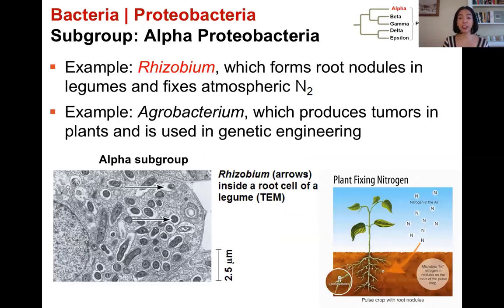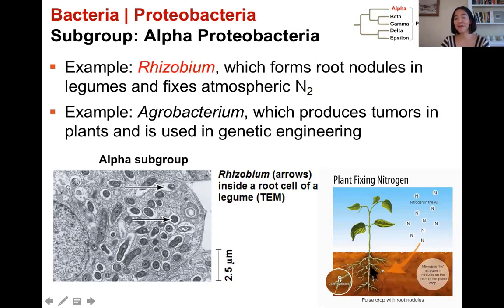But that form of nitrogen is not good for plants, or well, it's not usable for plants. So these bacteria can convert this nitrogen into another type of nitrogen that now can be used by the plant. And these bacteria live associated with the plants, in the roots of the plants, and in there is where they have these conversions of the nitrogen.